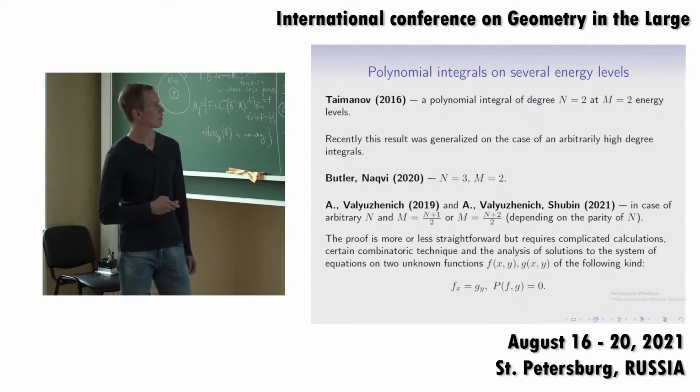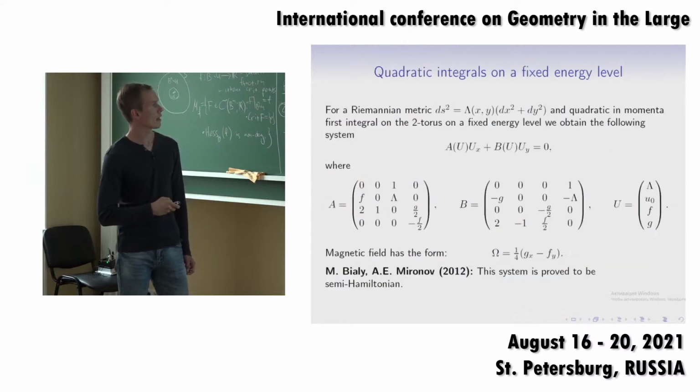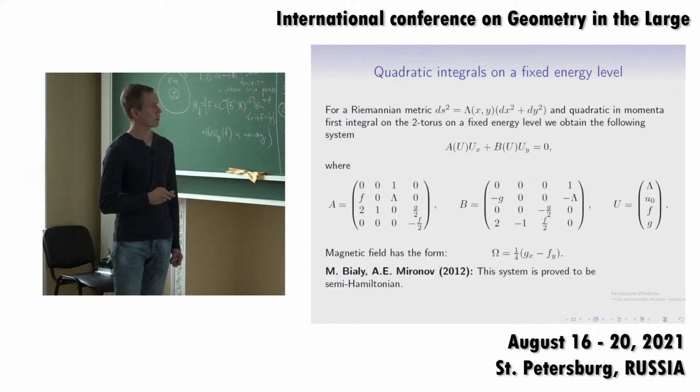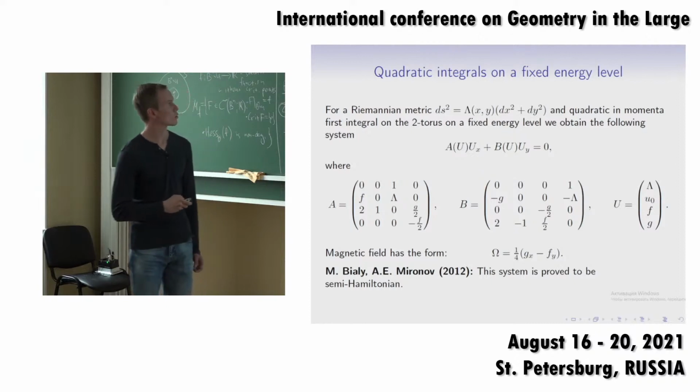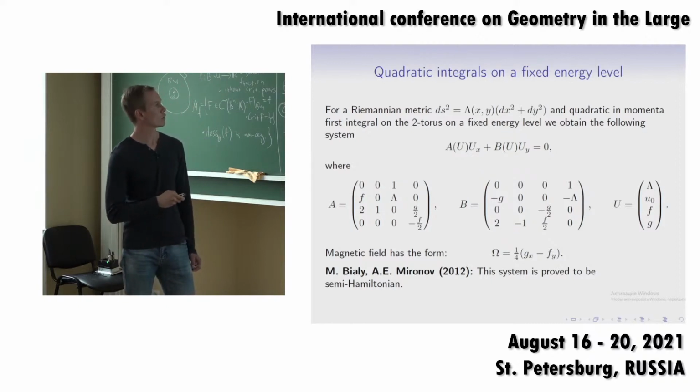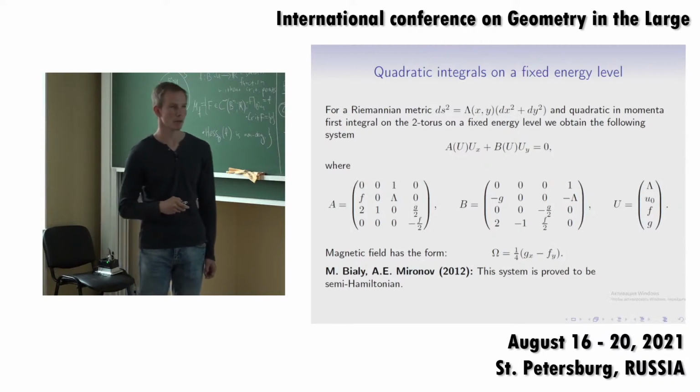Okay, let me go further. Maybe the most interesting point here is to consider integrability on the two torus on a fixed energy level. This question reduces to a quasi-linear system with such matrices A and B, and this system is also proved to be semi-Hamiltonian.